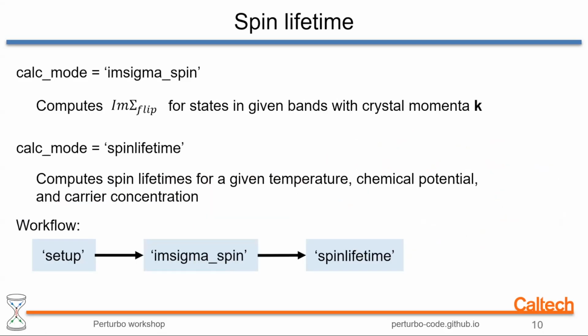Finally, we can compute spin lifetimes. So there are 2 calc modes that are relevant here. Similar to how we use the imsigma, or imaginary self-energy, for regular relaxation times, we have a spin version. So the calc mode is imsigma spin, which computes the imaginary self-energy for the spin flip process for states in a set of given bands with specified crystal momenta.